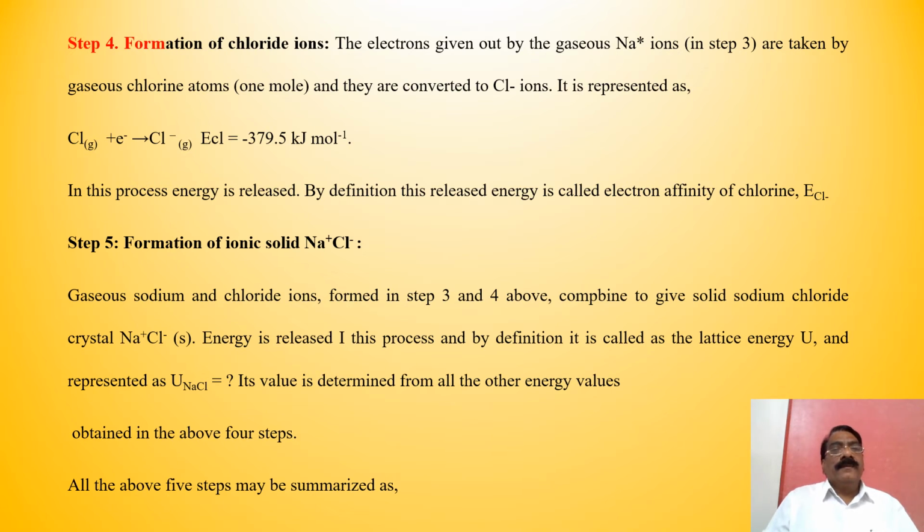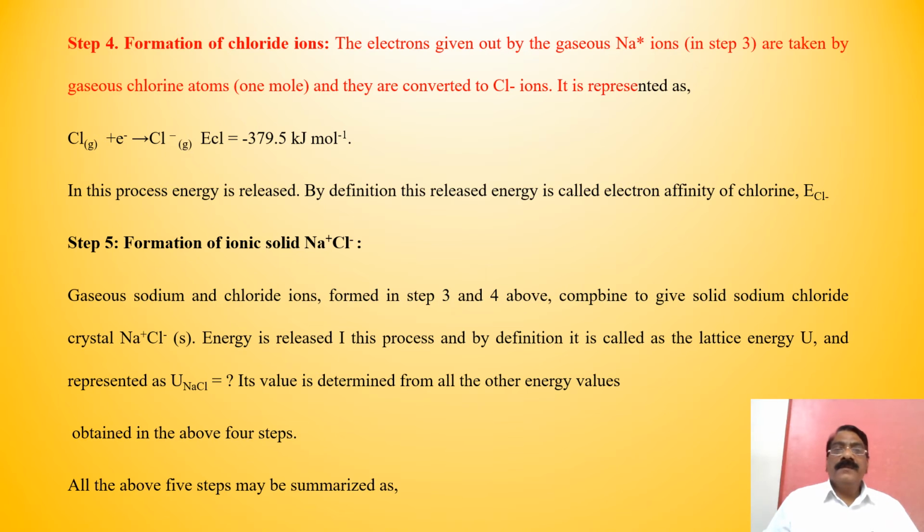Step 4, formation of chloride ions. The electron given out by the gaseous sodium atom in step 3 is taken by the gaseous chlorine atom and converted to Cl minus ion.